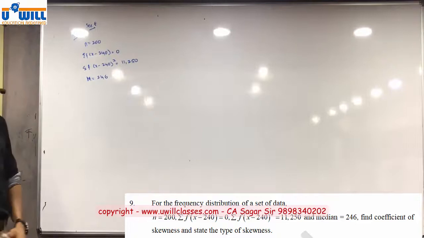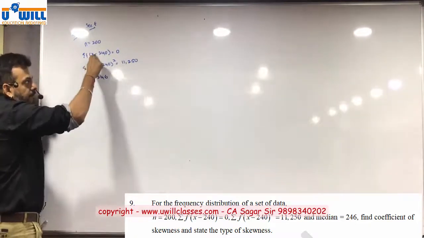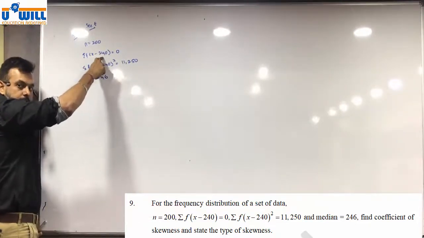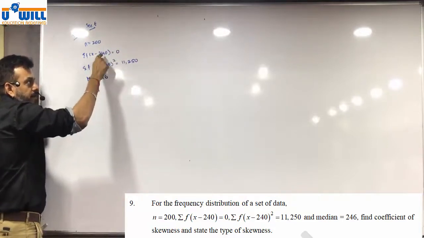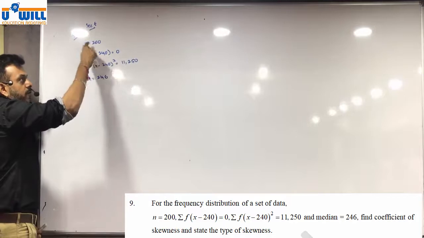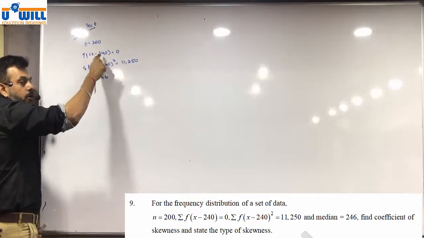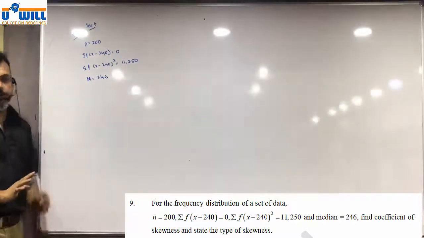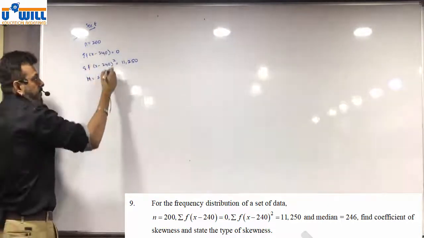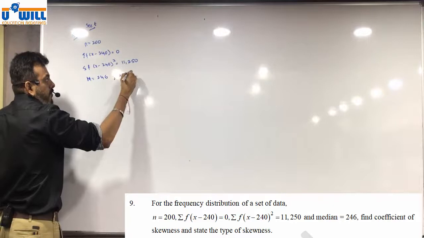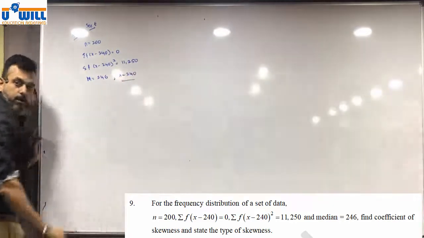See over here, this xi minus 240, okay? Forget for now that this is 0. This is xi minus some number. Now we have no information whether this is the mean or not. We don't have any such information. So we assume that this 240 is the assumed mean. You understood this?